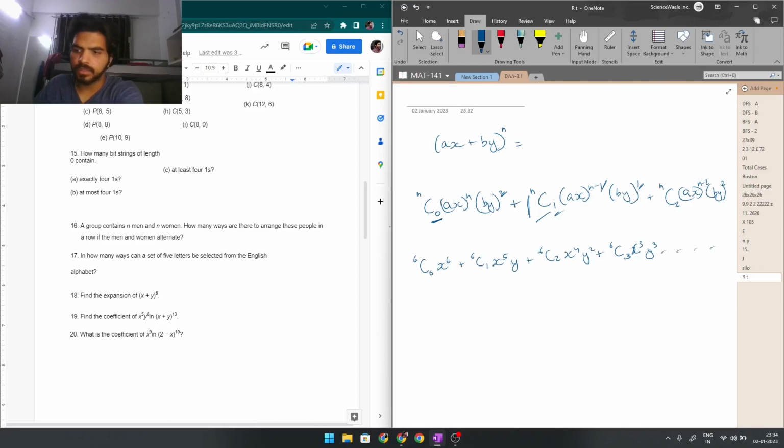I have the answer for this. It will be x to the power 6 plus 6 x to the power 5 y plus 15 x to the power 4 y square plus 20 x cube y cube plus 15 x square y square. These terms will repeat now in the reverse order: plus 6 x y to the power 5 plus y to the power 6.